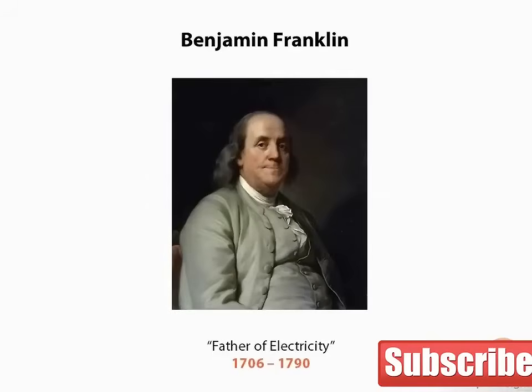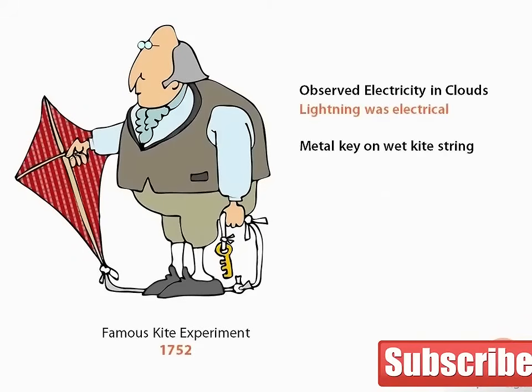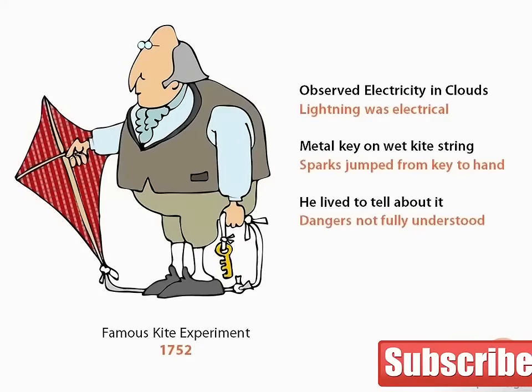Benjamin Franklin is often referred to as the father of electricity. Back in 1752, he observed electricity in clouds by flying a kite in a rainstorm, hypothesizing that lightning was electrical. A metal key around the bottom of a wet kite string jumped sparks to the back of his hand. So very little was known about electricity at the time, and certainly the potential lethal consequences of an experiment like this were not well understood.